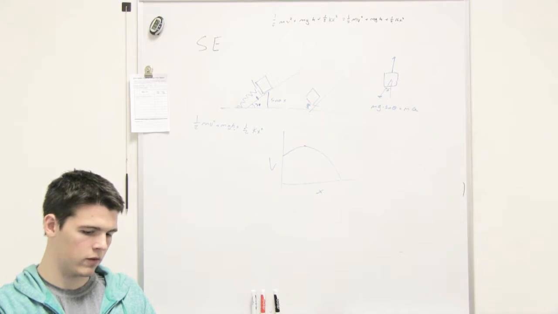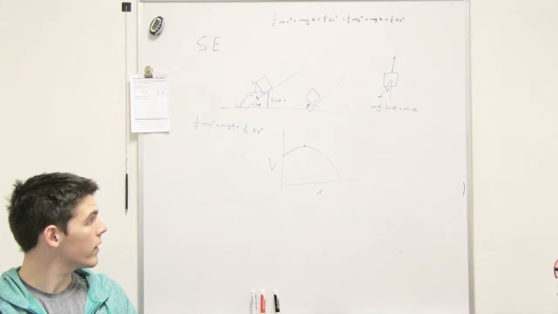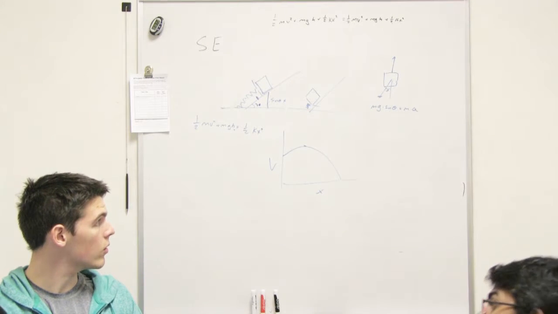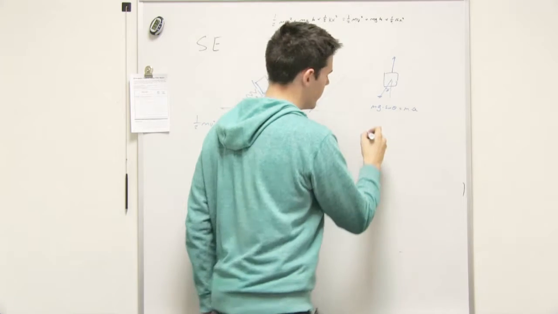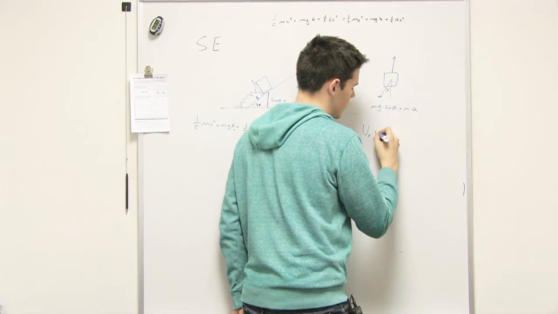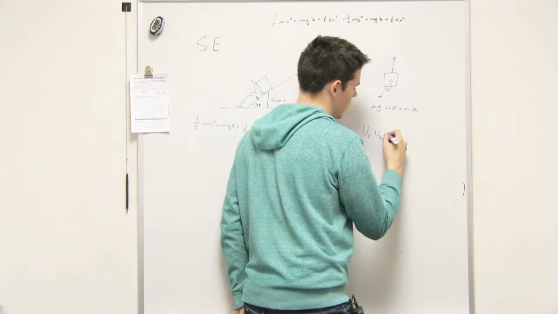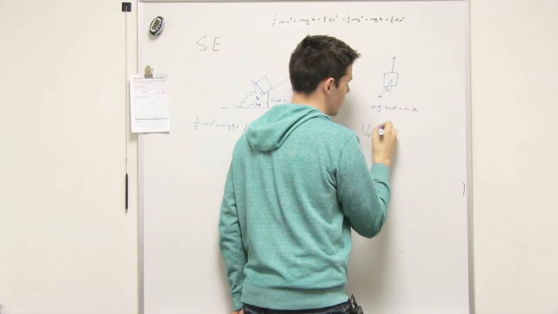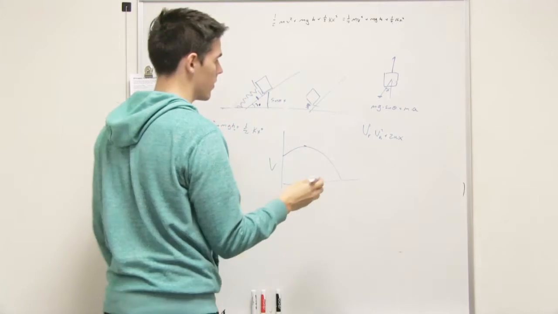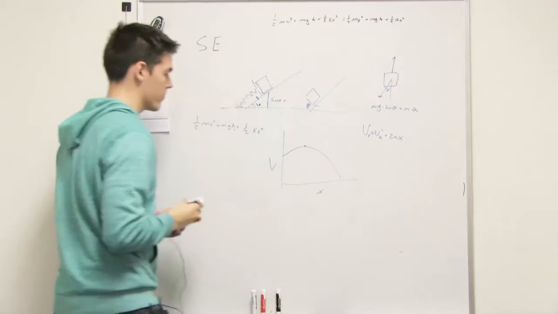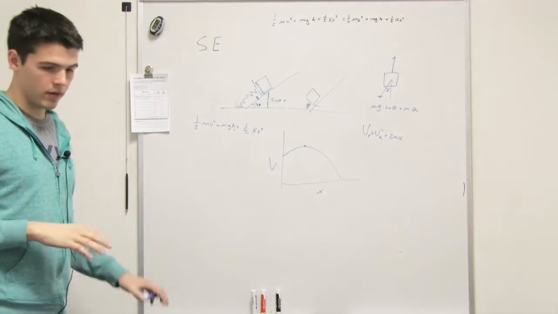What did we find for our velocity? Oh, that's right. So your acceleration. To find your velocity, v final squared is equal to v initial squared plus 2ax. Okay, that's good.